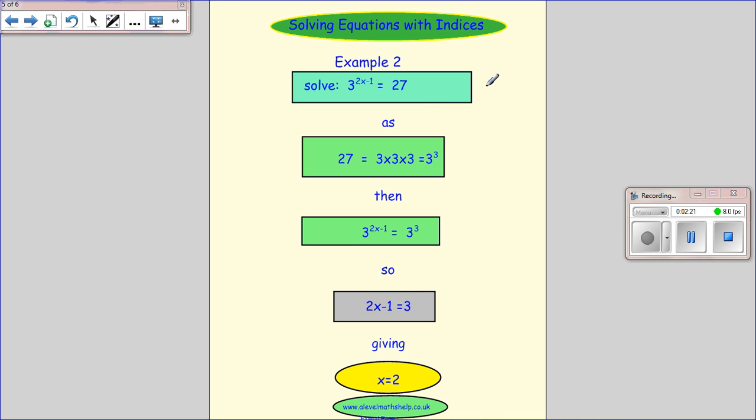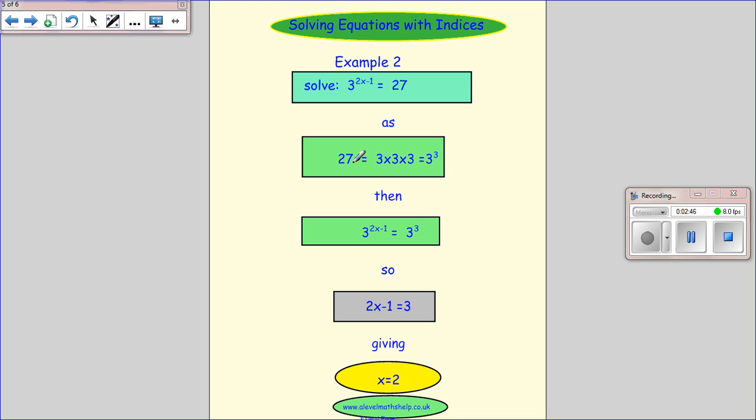Here it looks slightly meaner and nastier, but it's not too bad really. We got 3 to the power of 2x minus 1 equals 27, and hopefully you know that 27 is the same as 3 cubed, and you should know definitely your sort of 1 to 5 cubed numbers so that you start recognizing them. So this is the same.